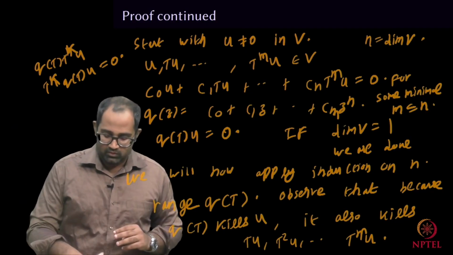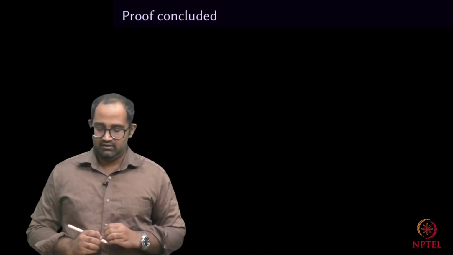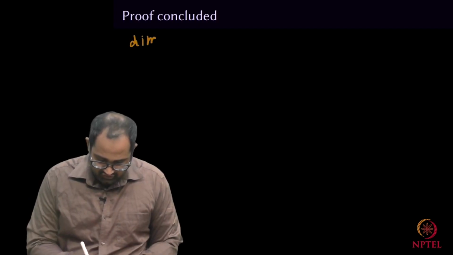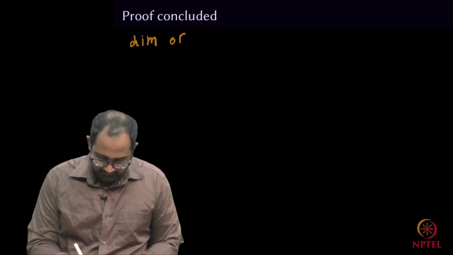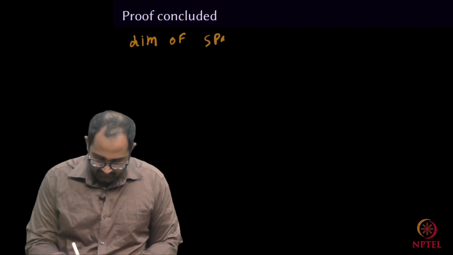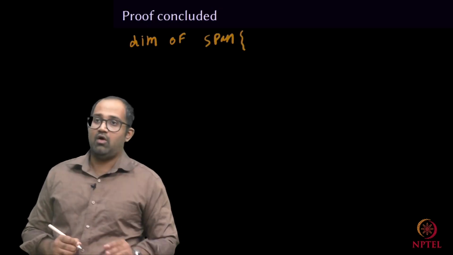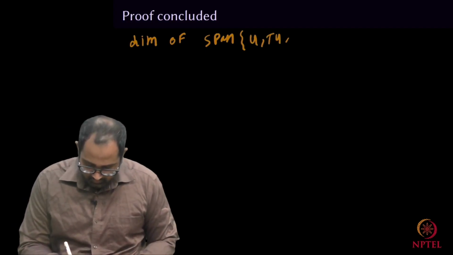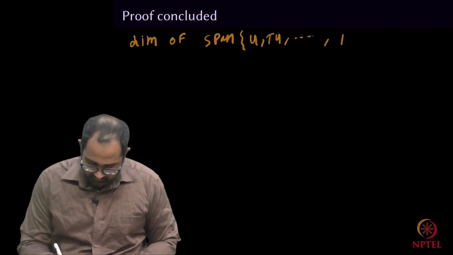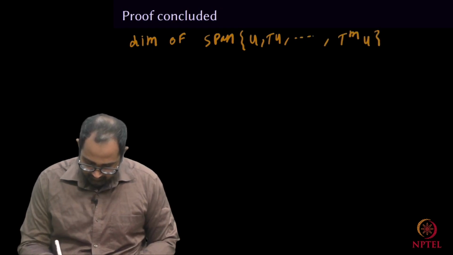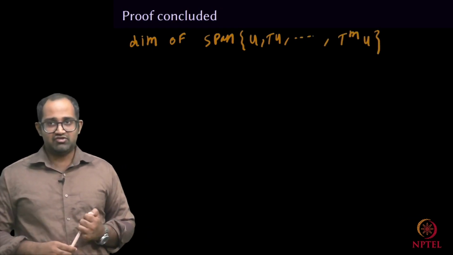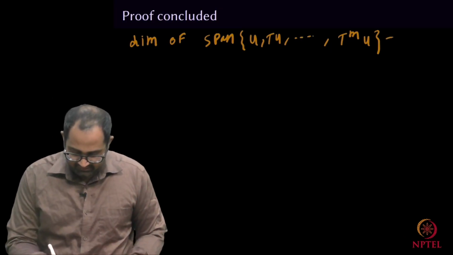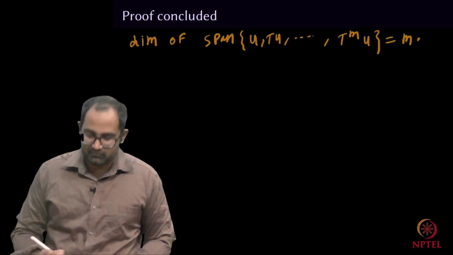Now, if you think about it for a second, you will conclude that the dimension of the span of u, tu, up to t power mu, if you look at the dimension of the span of this list of vectors, is exactly equal to m.